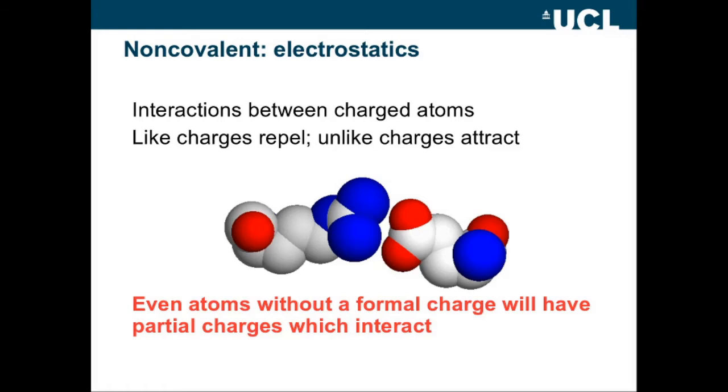Now these can be between atoms with a formal charge, so a +1 or a -1, but in fact, because of the distribution of electrons in organic molecules, even atoms without a formal charge will have partial charges which interact.